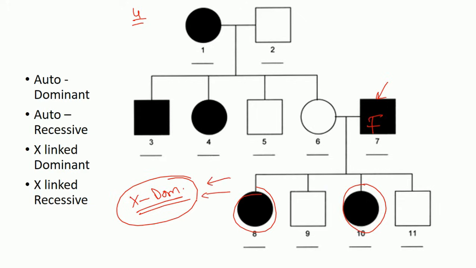Without anything else, you can put X-linked dominant and that is correct. In X-linked dominant, the distribution is kind of fine between male and female. You see it is transferred less from mother to son, but from father to daughter, all the daughters are getting the disease. So we can easily write that down as X-linked dominant over here.